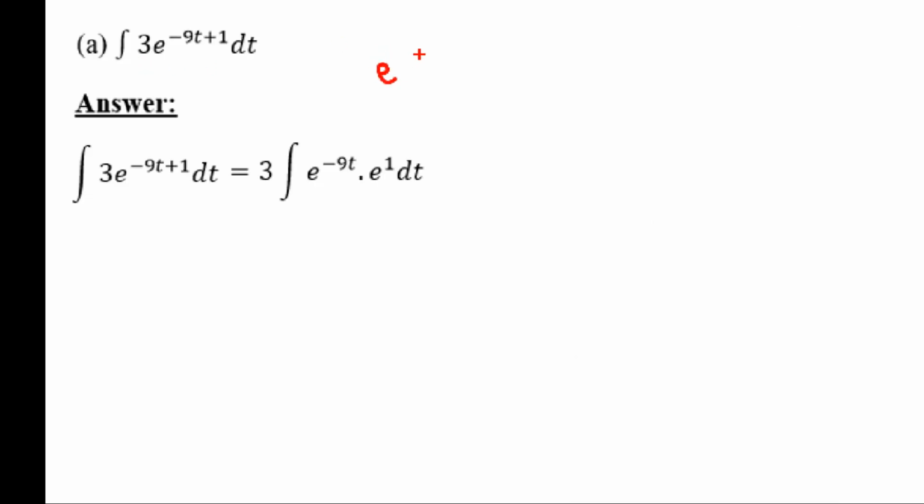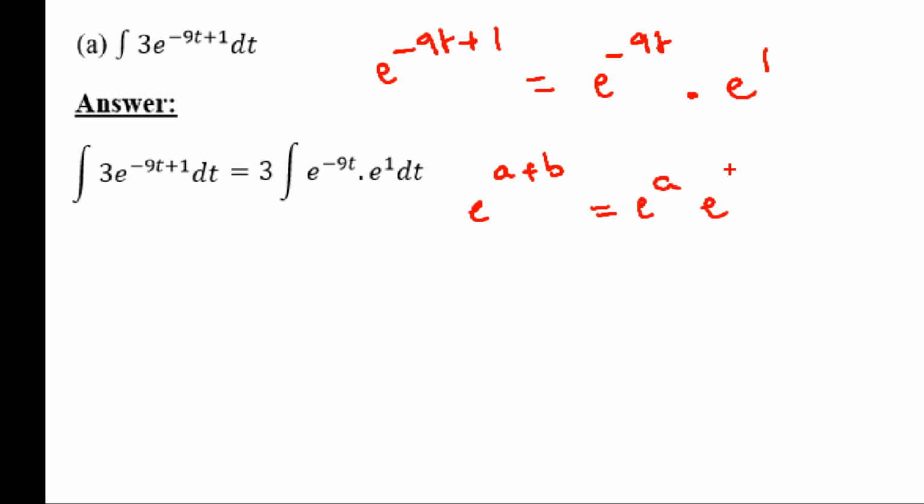Then it's the integral. Now we can drag 3 out because it's a constant. Now we can utilize the following: e to the power minus 9t plus 1 can be written as e to the power minus 9t multiplied by e to the power of 1, and I've used the formula e to the power a plus b is given by e^a multiplied by e^b.